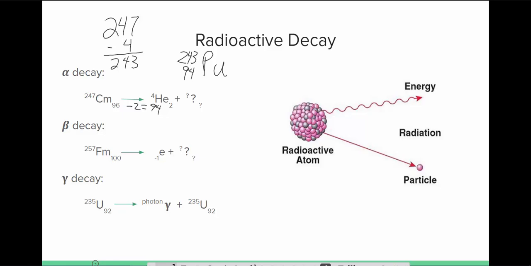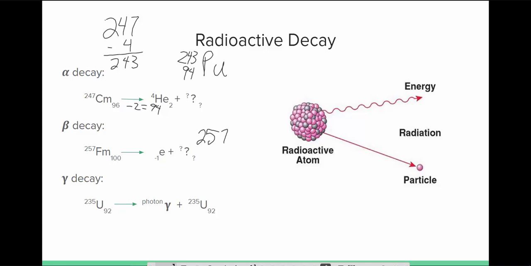We'll get to that in a second. But an electron is coming out of the nucleus. It is not a proton or a neutron. So how many things are left in the nucleus? How many did we start with? 257. And if nothing comes out, what's left? 257. Well, that's pretty easy math now, isn't it?